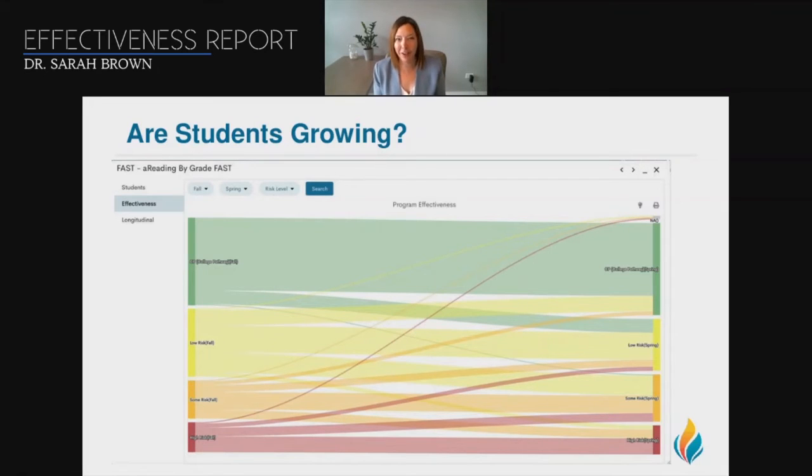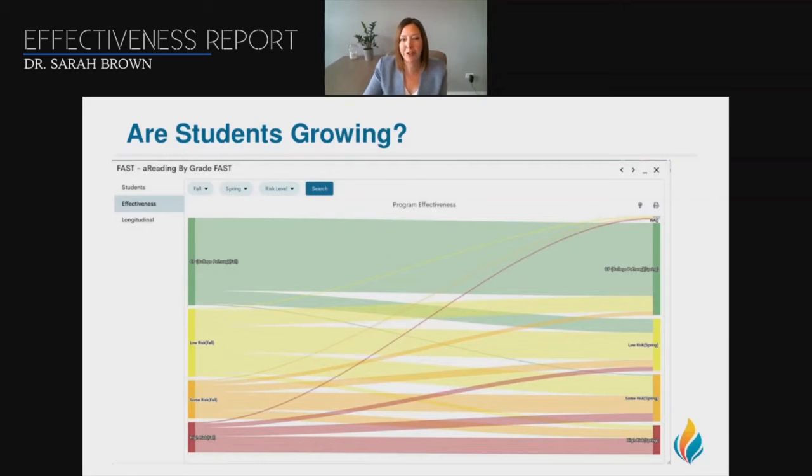I expect all of my students who begin the year on track to grow enough to end the year on track. And so when we have the opportunity to look at our data benchmark to benchmark, we can look to see what percent of students who started the year on track grew enough to stay on track. And we would expect our universal tier to support that.